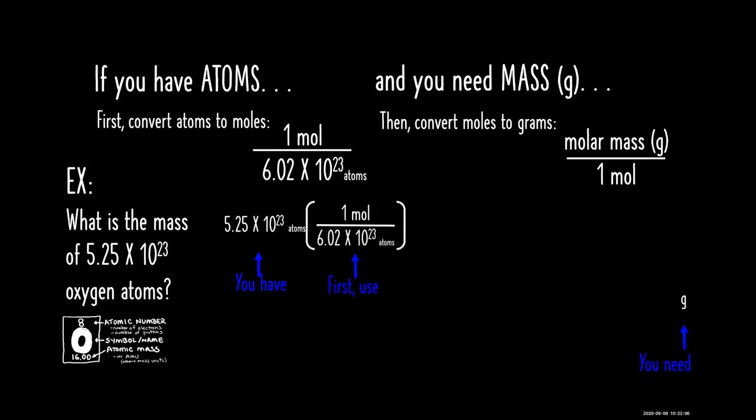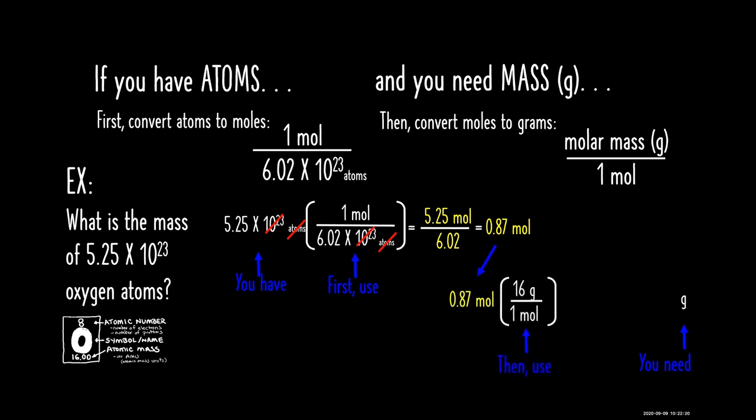So multiply your atoms by this conversion factor. This works out to be 0.87 moles. You take that answer and multiply it by the other conversion factor. And your answer is 13.92 grams.